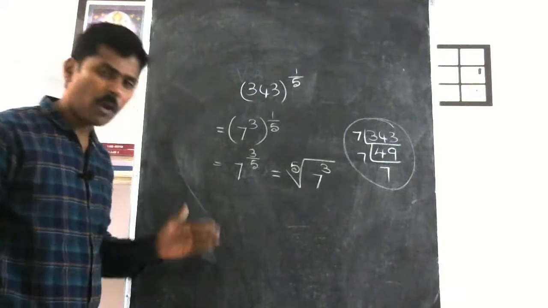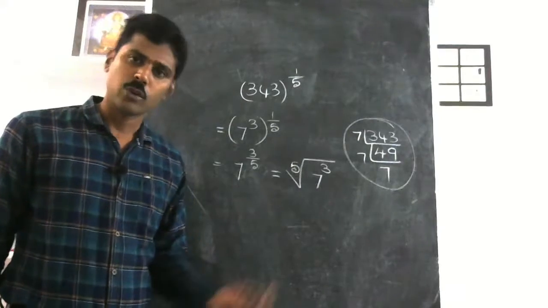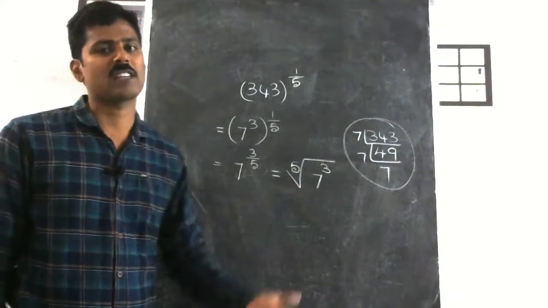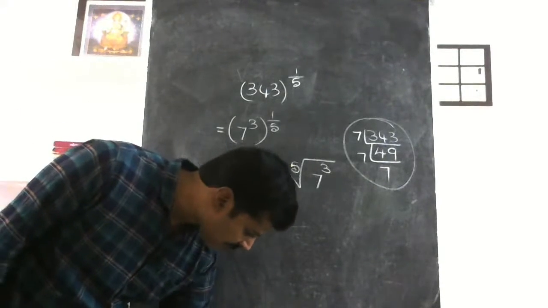In the remaining problems, 16 power 1 by 2, 128 whole power 1 by 7, you will get the rational, but it still remains irrational. That you have to mention. Still, it is an irrational. So that you have to identify.